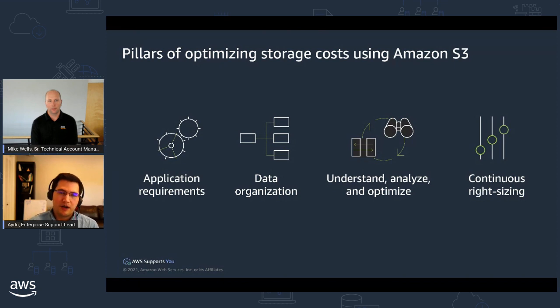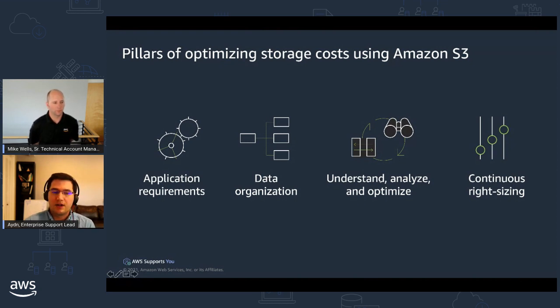But what I really want to talk about is the last 2 pillars here. The third pillar is all about right sizing, right? When I talk about right sizing, it's really about choosing the right storage classes and configuration, like cross-region replication or same region replication, that fits your application requirements. And that can give you the largest impact, I'd say. After you already have a workload up and running, continuously analyzing and optimizing. Finally, it's all about monitoring your storage and checking your choices.